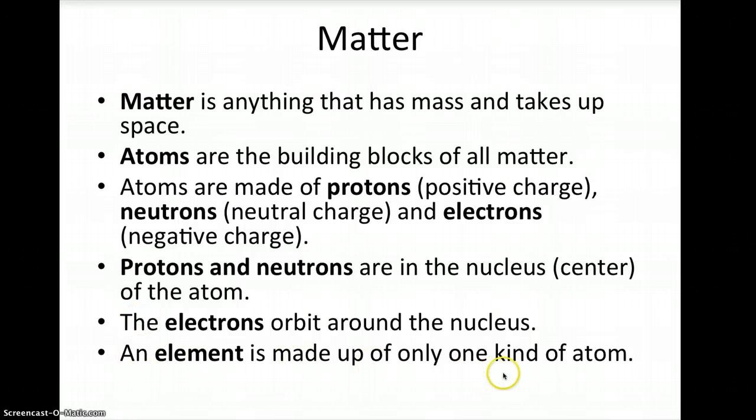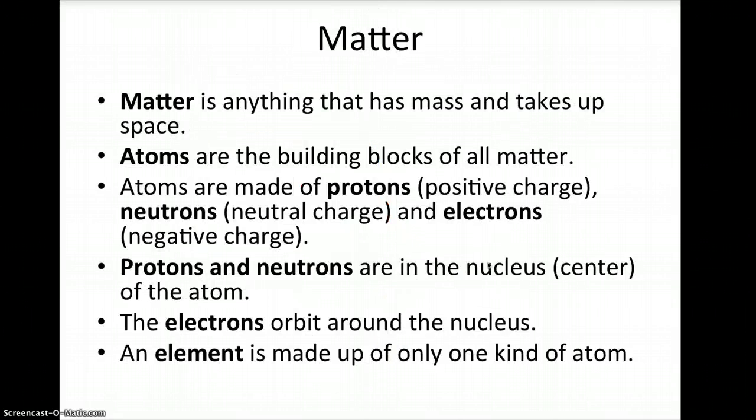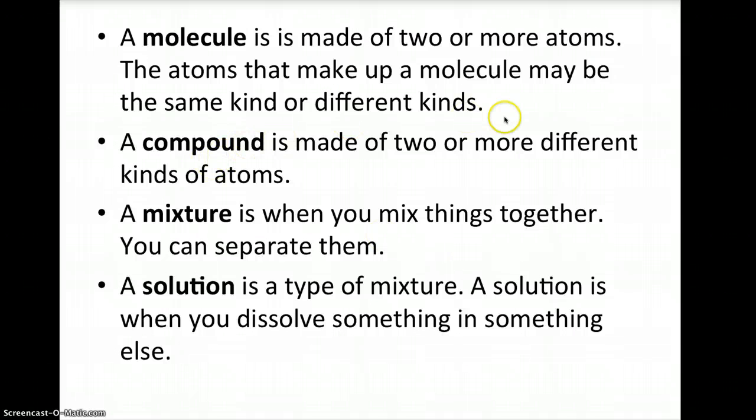An element is made up of only one kind of atom. So if you have a block of gold, all the atoms look the same. A molecule is made up of two or more atoms. The atoms that make up a molecule may be the same or different kinds.